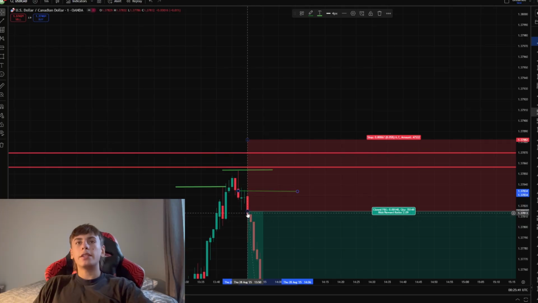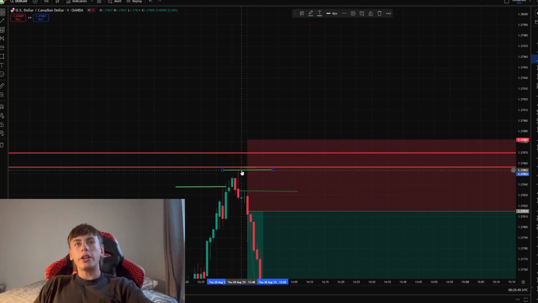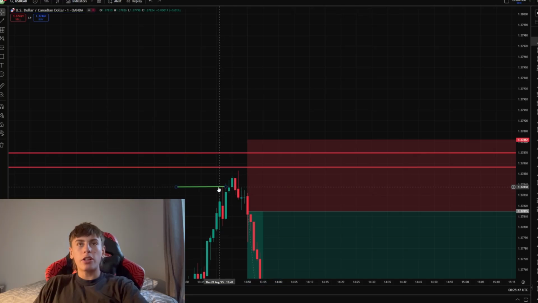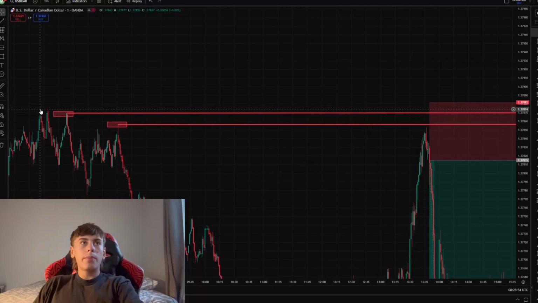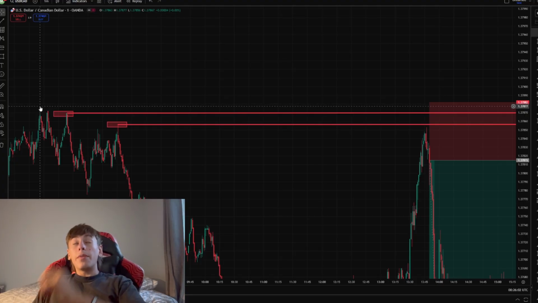So when I saw this, I decided to enter in right here. I didn't even set an order. I just entered a sell, or a short, right away, and decided to have my stop loss right above these kind of zones right here. Because if price went above this, two things would either happen: the liquidity run or the liquidity sweep.